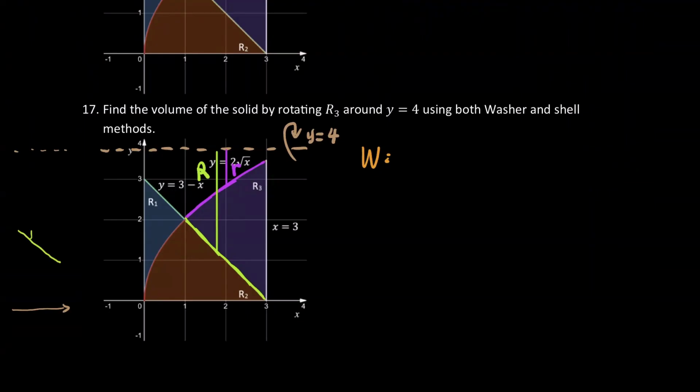Right, so we want to know how to express this radius of rotation. What we know here is this is 3 minus x, and the total distance here is 4.